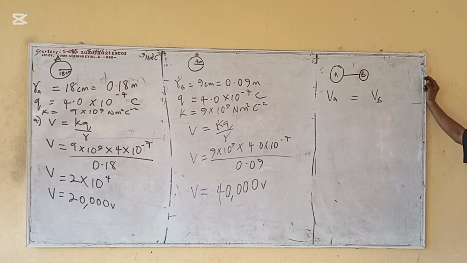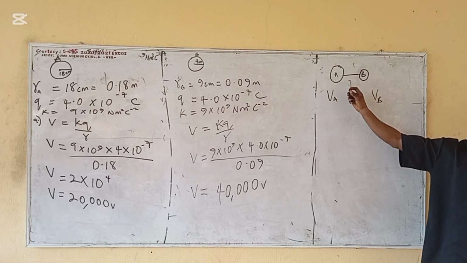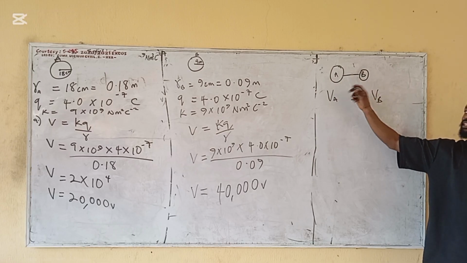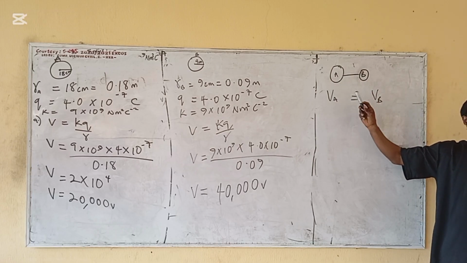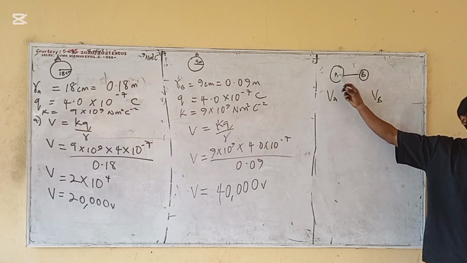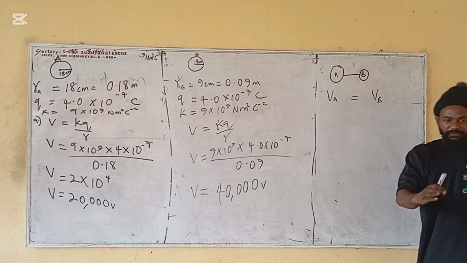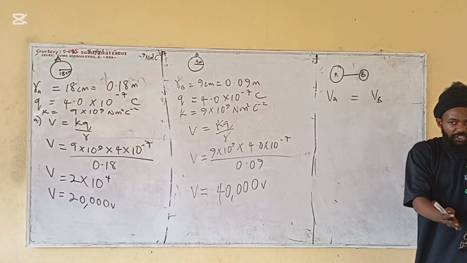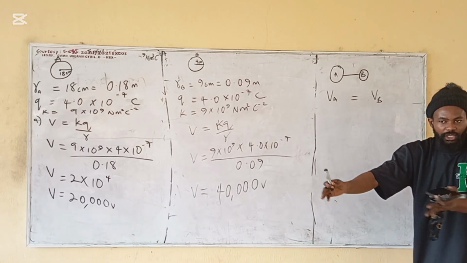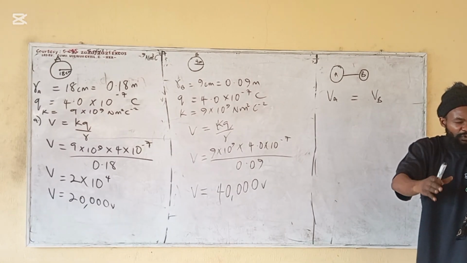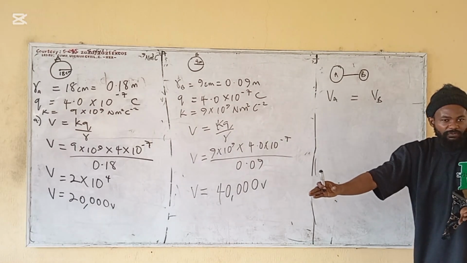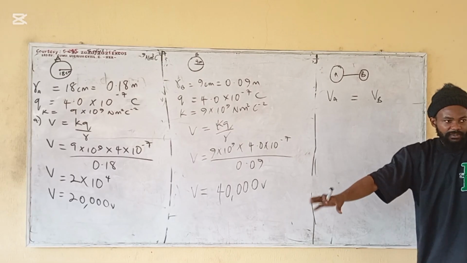There is a rule in physics that whenever different charges, different spheres or different areas are connected, there will be equilibrium. The charges will distribute until the potentials become the same. So if I have a region of higher voltage and a region of lower voltage connected with a wire, charge will flow until there is balance.